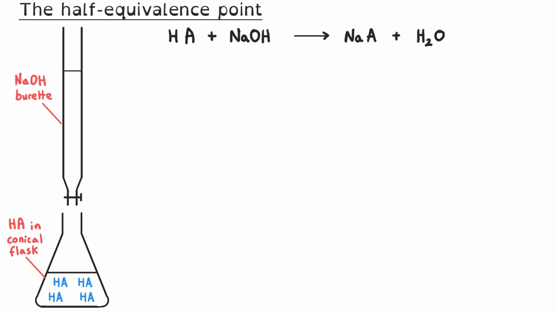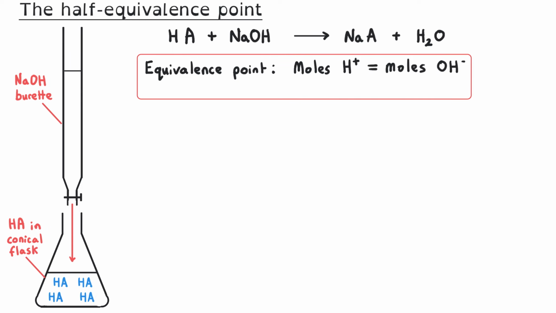In a titration, a base, for example sodium hydroxide, is added from a burette and reacts with a weak acid, HA, which is in a conical flask, and the acid is turned into the salt, A-, and water. Remember that the equivalence point in an acid-base titration is where the moles of hydrogen ions is equal to the moles of hydroxide ions.